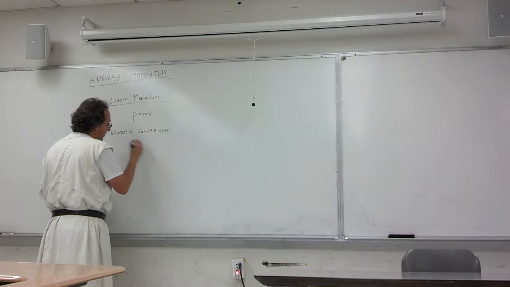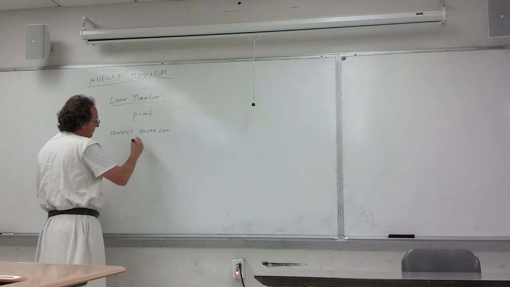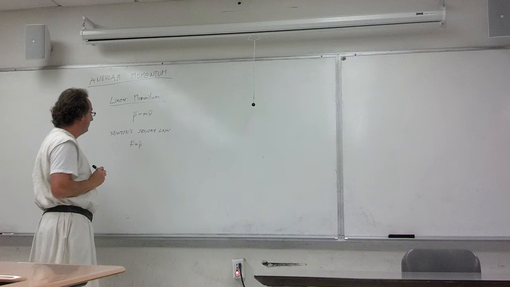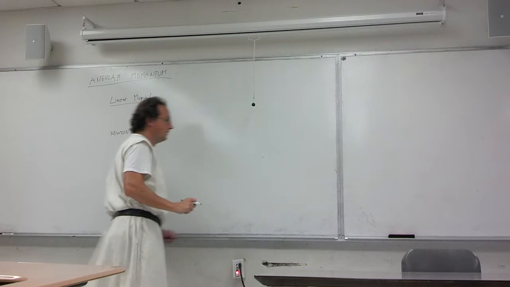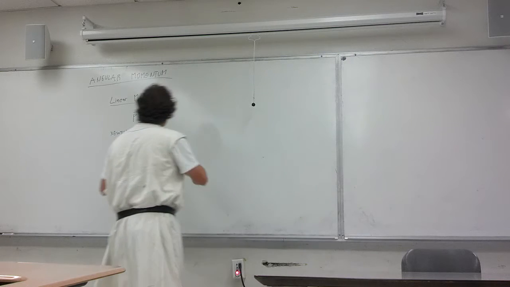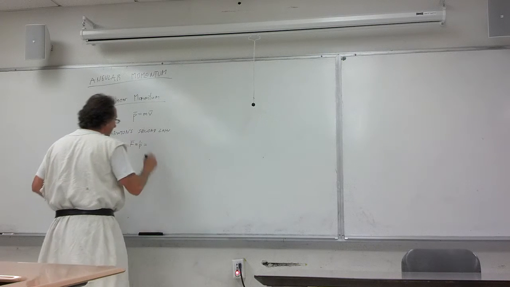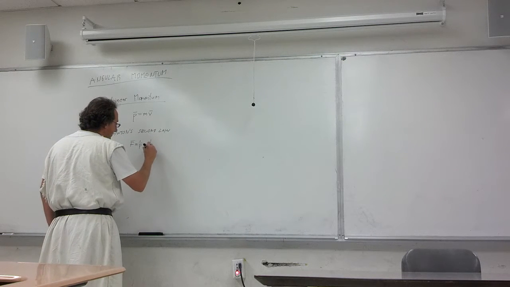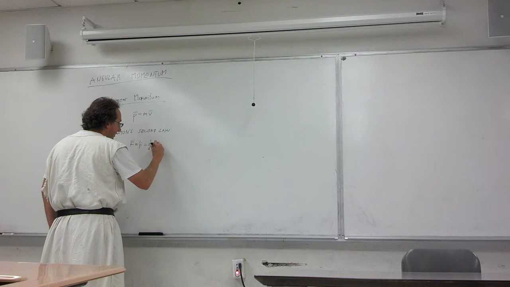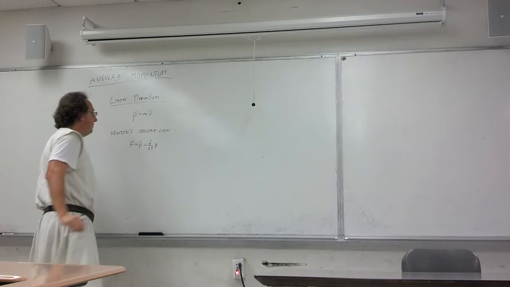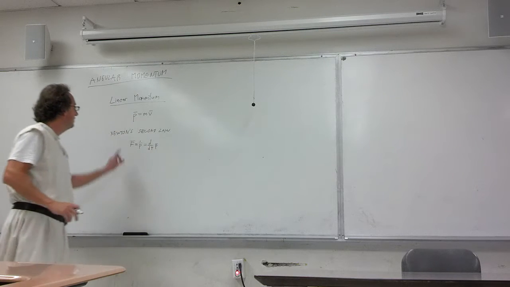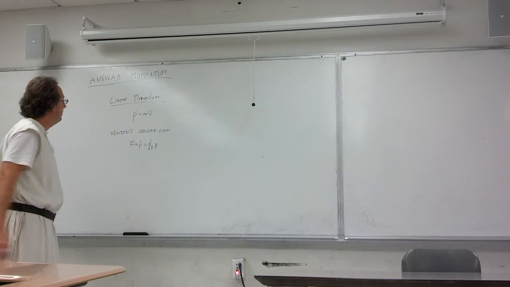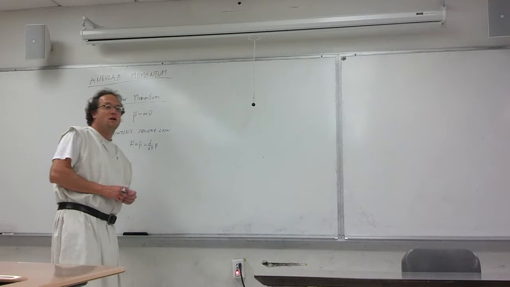So we have the bars over them to indicate they're vectors, and the dot over the P, or maybe like this. The dot being Newton's notation, this being Leibniz's notation. Force equals time rate of change of momentum.